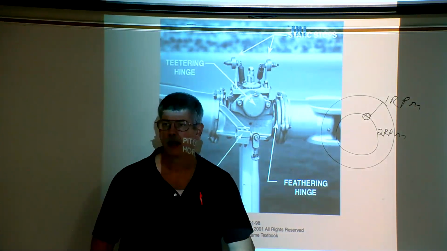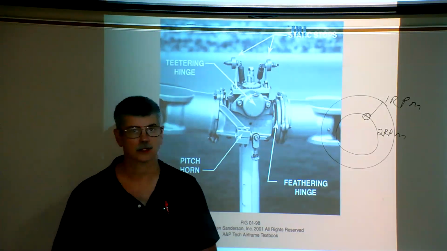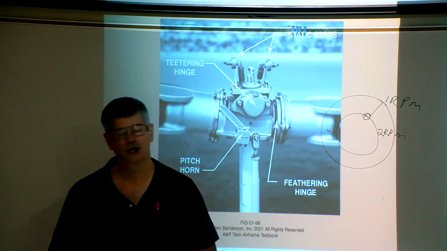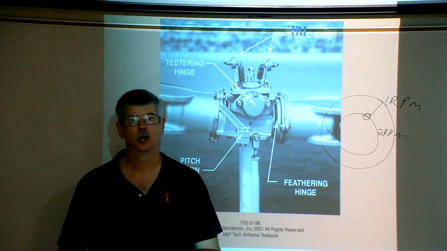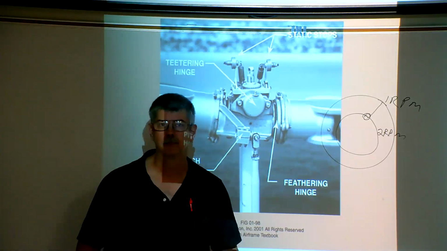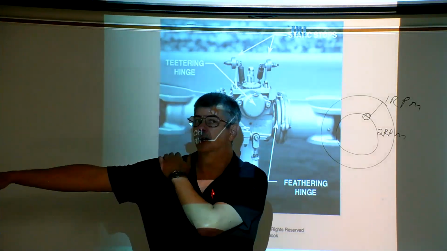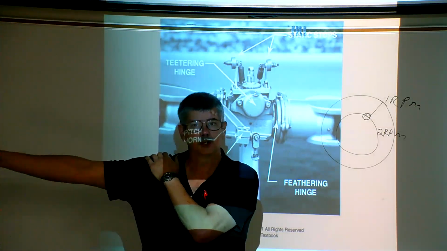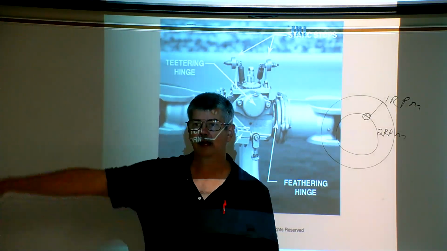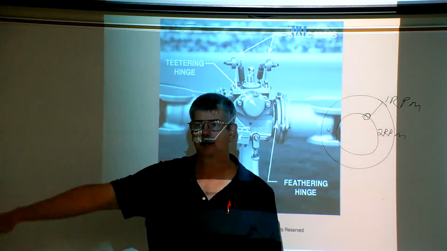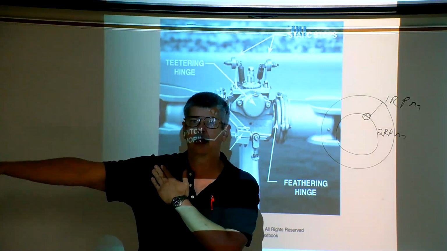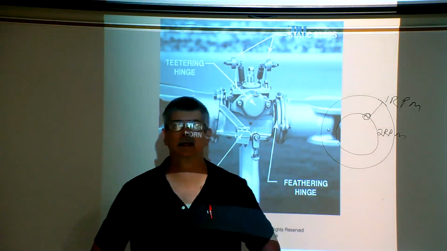Now, if we have multiple blades, more than two, then most aircraft or helicopters are what's known as fully articulating. This is where the engineers have a pitching hinge. They have a hinge so that the blades can flap up and down, but also a separate hinge that allows the blades to lead and lag.